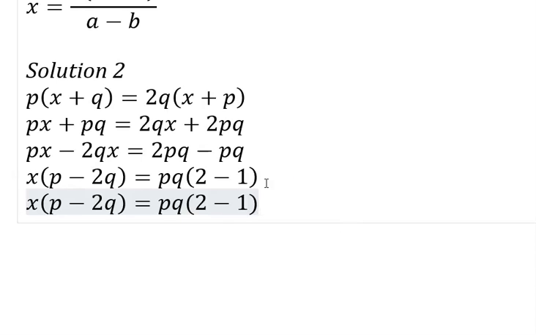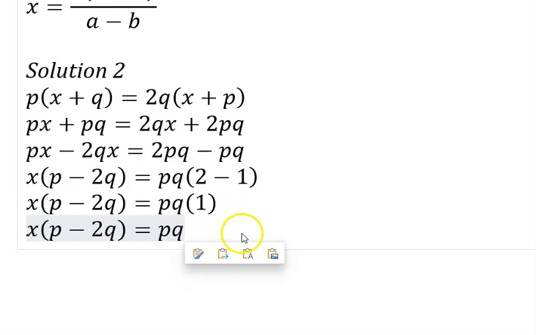So 2 minus 1 will give you 1. Because 1 times PQ will still give you PQ. That's why I said from this stage, 2PQ minus PQ or 2PQ minus 1PQ gives you PQ, 1PQ, it is still the same thing. That's how we come about this PQ that we have here.